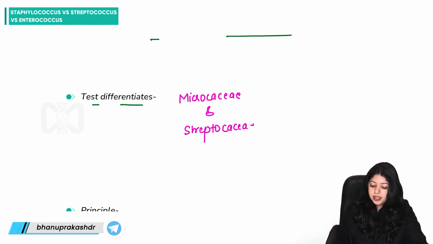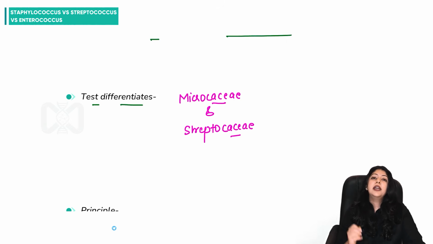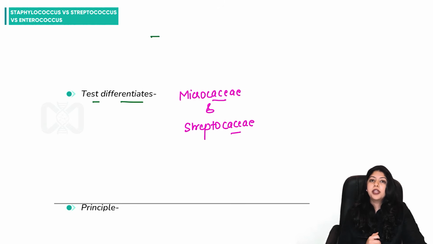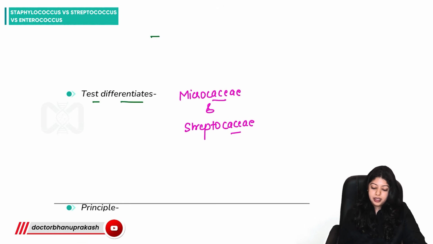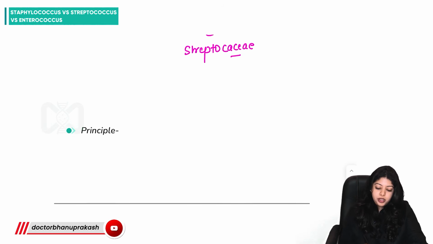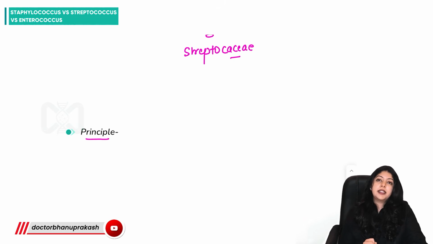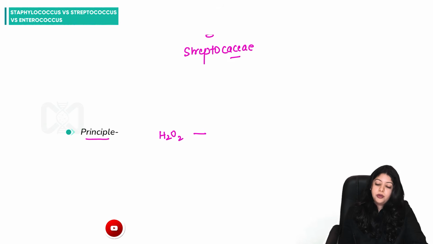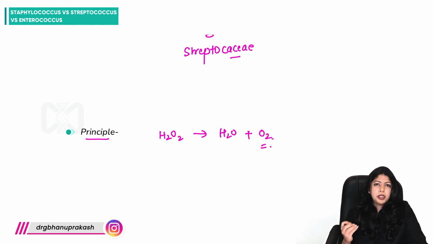So this is a test used to differentiate members of the Streptococcaceae family as well as the Micrococcaceae family, right? So what is the principle? This particular enzyme breaks down hydrogen peroxide into water and oxygen, right? And this particular enzyme also has prothrombin-like activity.